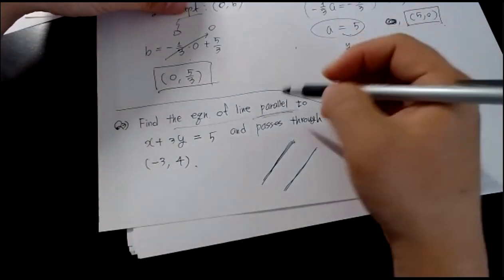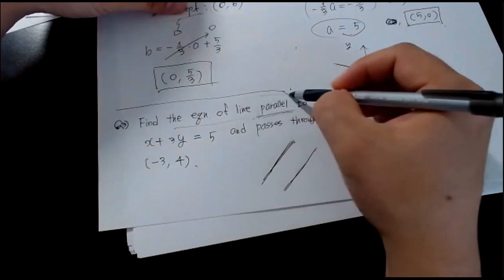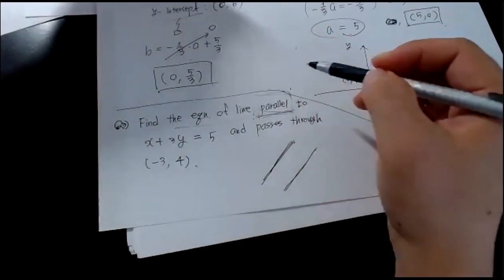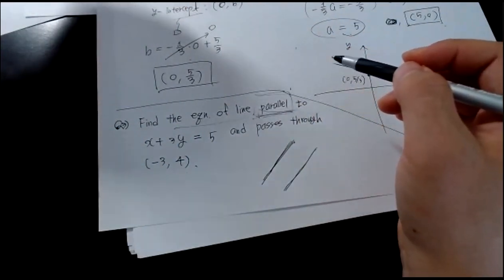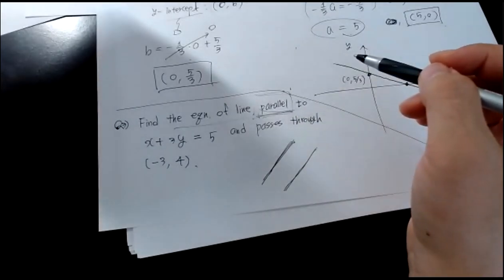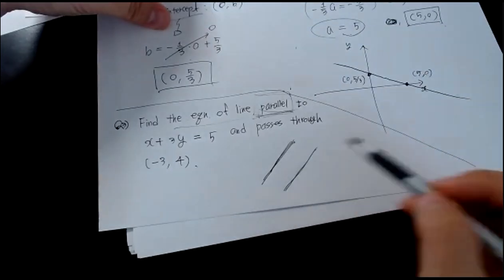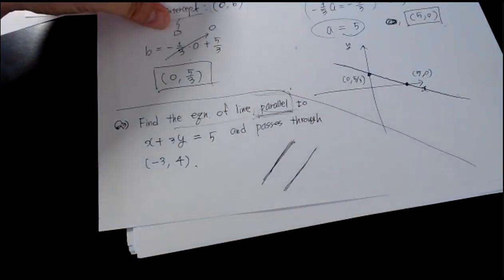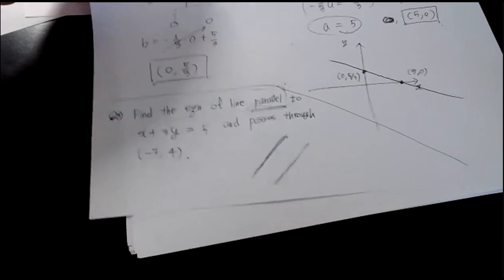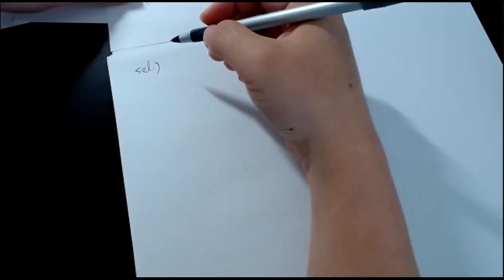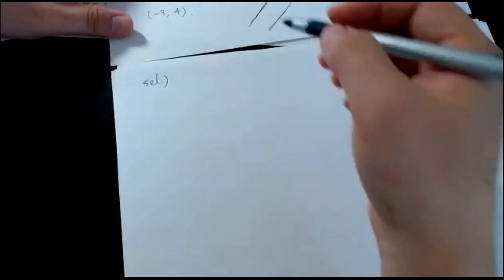So when you see that word in a problem for finding an equation of a line, you just have to keep in mind that the two lines must have the same slope. So here's the strategy. So the solution is right there. All right, so now can you see this?